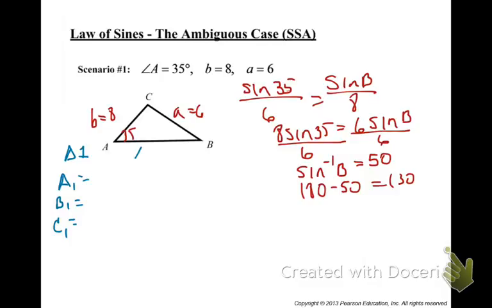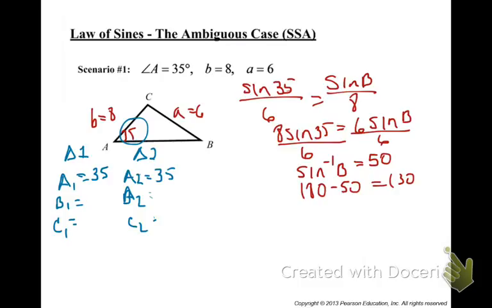And then over here I'm going to have triangle 2. So we'll do A2, B2, and C2. Okay. Now, they gave us that 35 degrees, right? So that stays as is. We cannot change what they gave us, so we'll put that in as is.